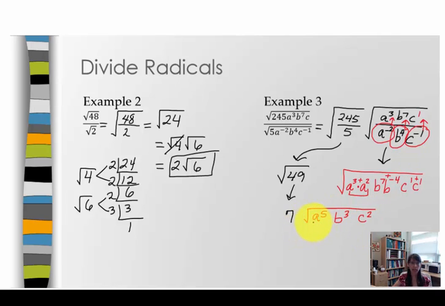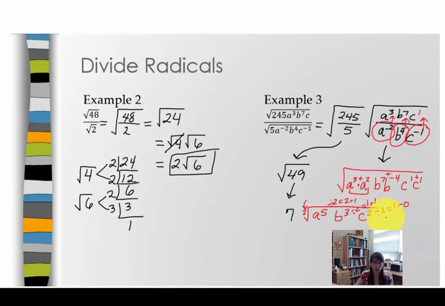Now the only thing remaining is checking to see if any of these variable bases will clear the radical. So what we're doing here is dividing each exponent by the index. Since it's square root, we know the index is 2. So 5 divided by 2 is 2 remainder 1. 3 divided by 2 is 1 remainder 1. And 2 divided by 2 is 1 remainder 0.